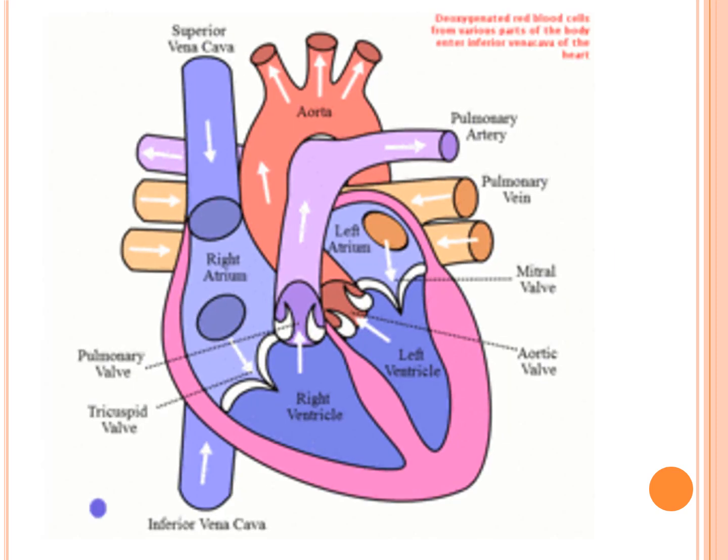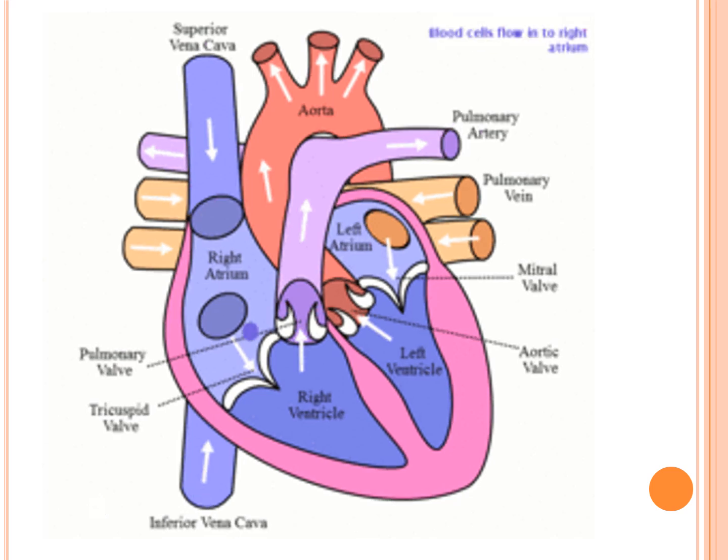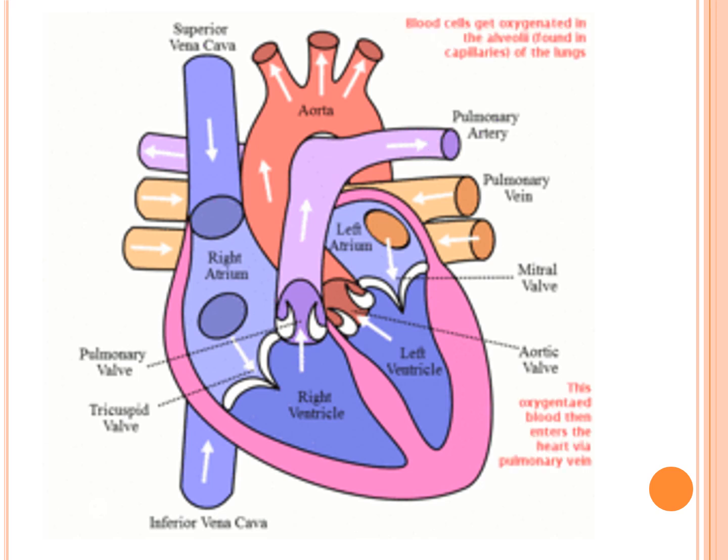The deoxygenated blood passes from the inferior vena cava. From there it enters into the right atrium. From the right atrium it enters into the right ventricle. From the right ventricle it passes through the pulmonary artery, and from here it's passed on to the lungs for oxygenation.